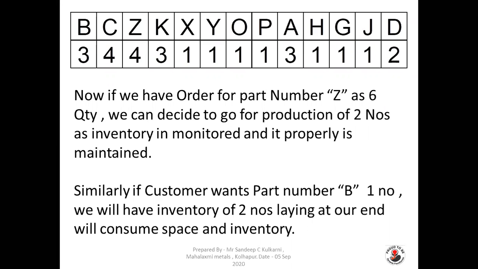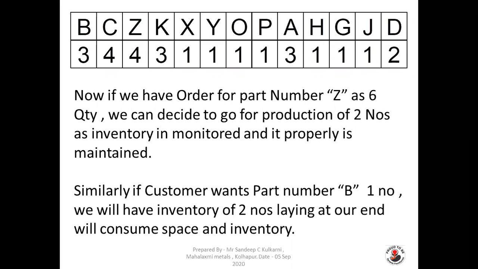So if a customer gives an order of Z, that is 6 quantity, we can immediately see here Z, our inventory is 4 numbers. So now we have to go for production of 2 numbers only. By using this systematic arrangement, you can reduce your inventory and overproduction as well. So this 1S 2S will help you in reducing your wastages, overproduction, and inventory control as well.